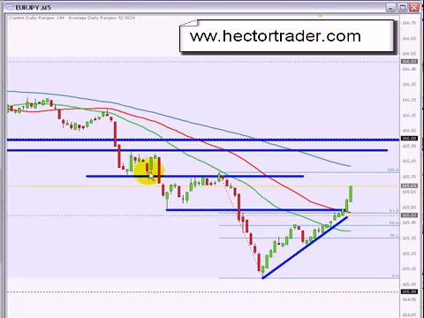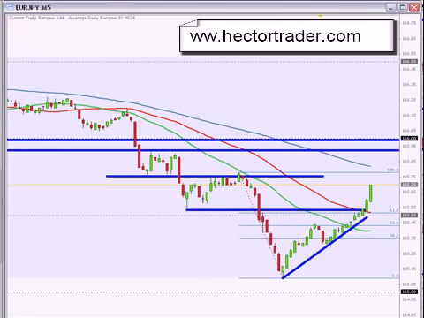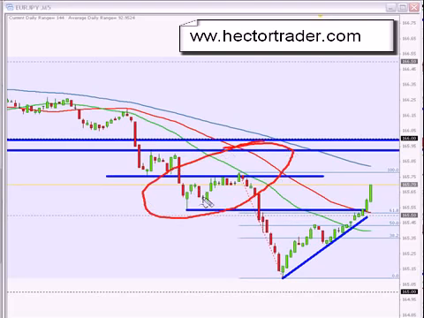This is the 5-minute chart. Okay, have a look at especially this precise swing. I was following this in real time, but I did not trade it because I'm not a scalper. I don't base my trades off the 5-minute chart. As you guys know, my setup chart is the 30-minute chart.